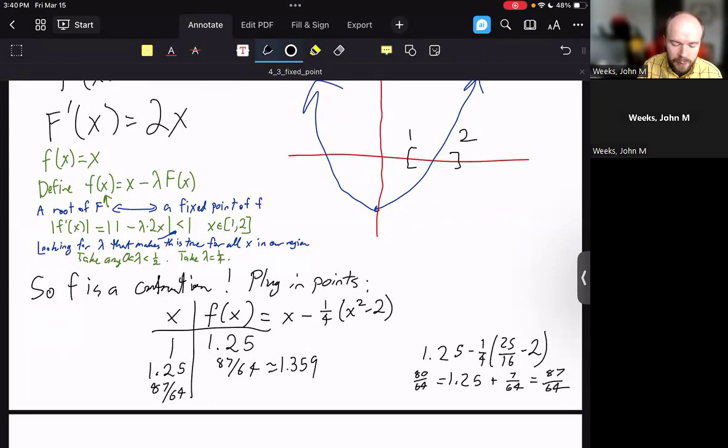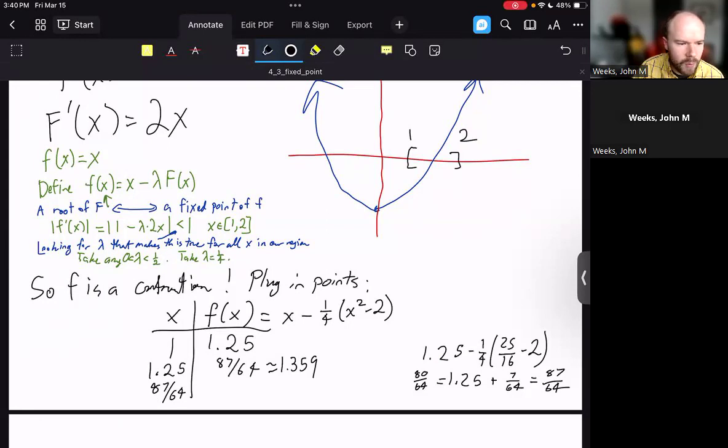And if I just plugged in 1.359 for this function, I could check what that would be. I'm going to take this number, square it, subtract 2 from it, and then divide that by negative 4. Oops, I messed it up.